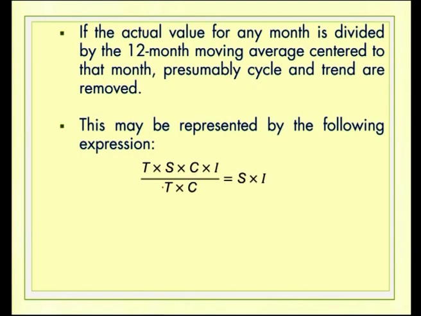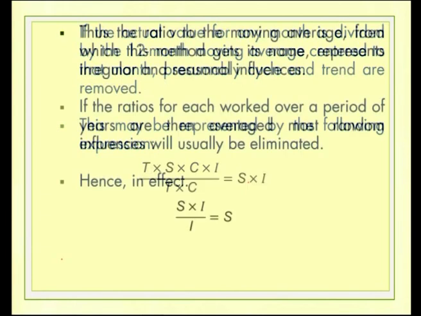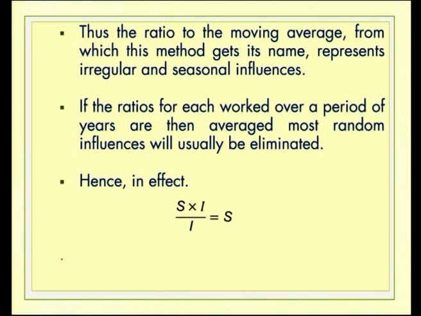If we center the 12-month moving averages, then obviously trend and cyclical fluctuation go out, since they are divided, and we get seasonal into irregular. Thus, the ratio to moving average method gets its name, and the ratio represents irregular and seasonal influences.